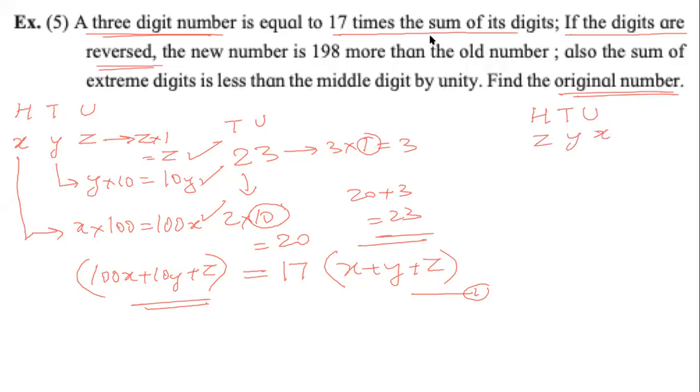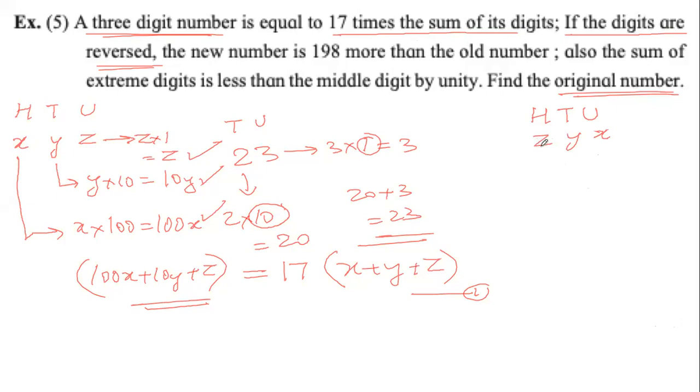This is how the number will be written. But what is the value of the number? Please type it in the chat box. What is the value of the new number? No, Prachi, wrong answer. The value is not 198.